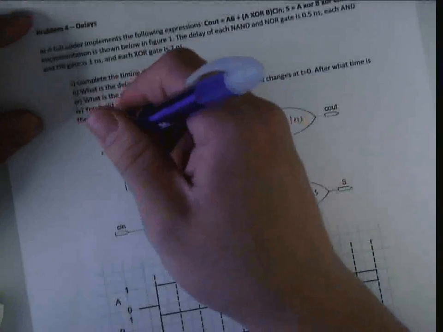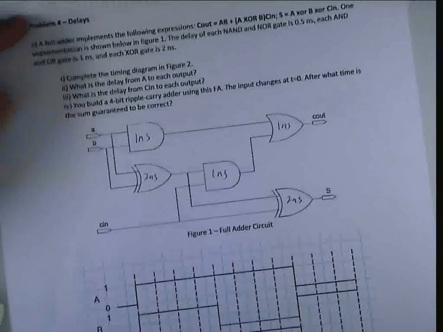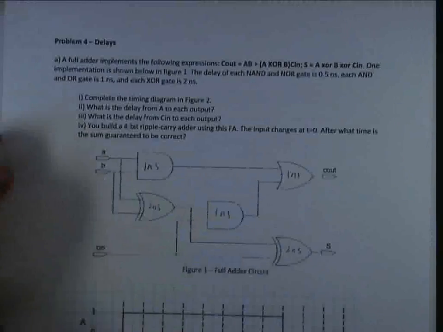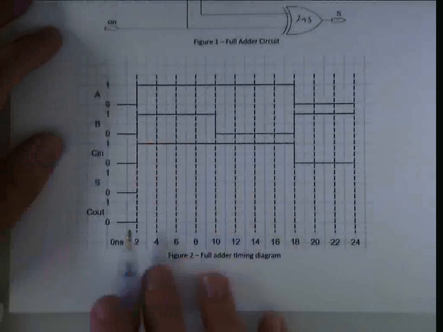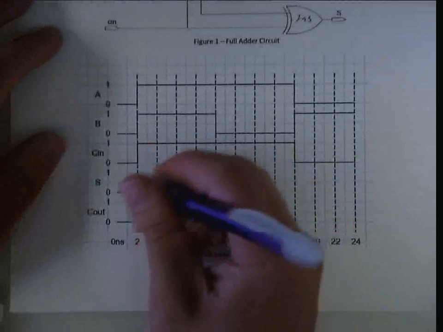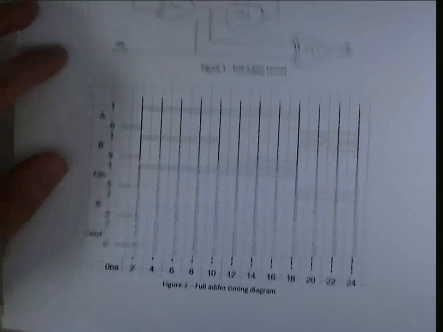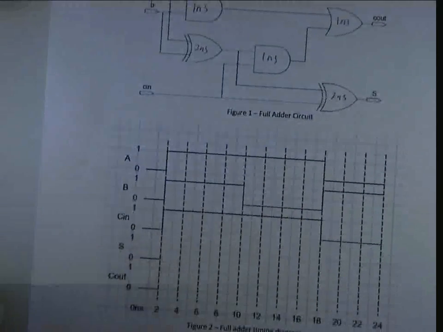For A, there's actually a small mistake with this problem, where I didn't specify that these have been 0 for a long time. That should have been specified, so technically it's possible that it's undefined at this point because I don't actually know what happened 4 nanoseconds ago.